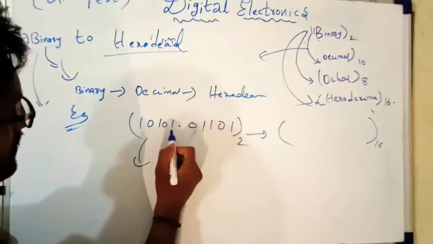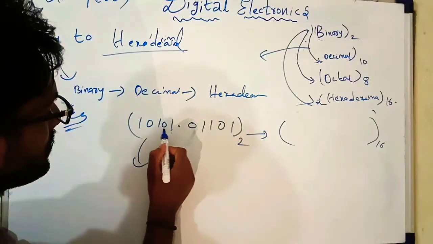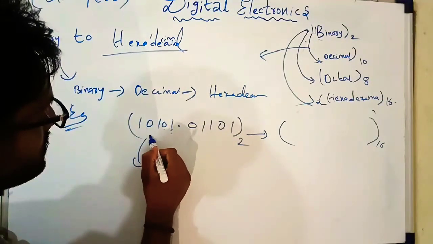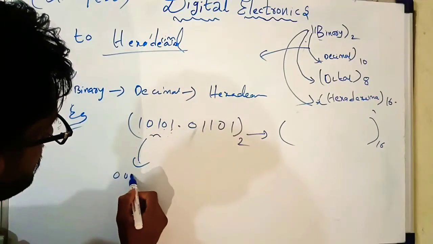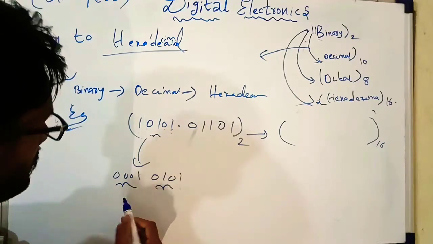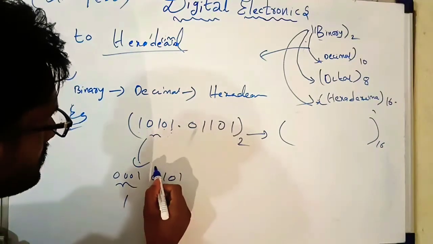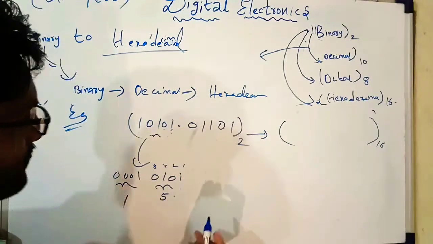Take the integer part. Here we need to travel from right side to left side. Here 1, 2, 3, 4, these 4 bits, and before 1 there are no digits. So add 3 zeros. Here this is 0, 1, 0, 1. This value is 1. This is 8, 4, 2, 1. 4 plus 1 is 5.